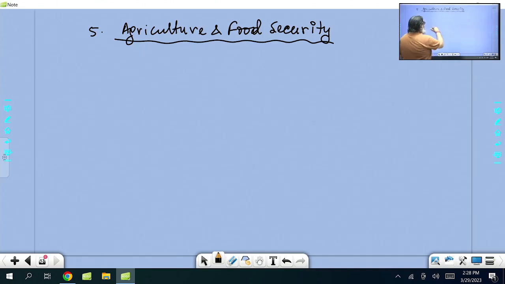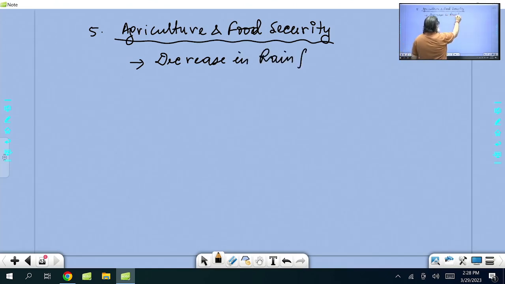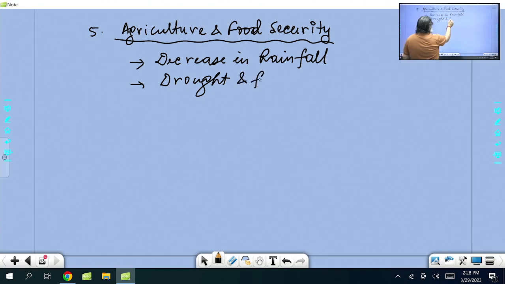So here, if you take agriculture, food, here decrease in rainfall. Like for India, monsoon, that is getting affected. Then drought condition, drought and famine condition. That will have a direct impact on food security.